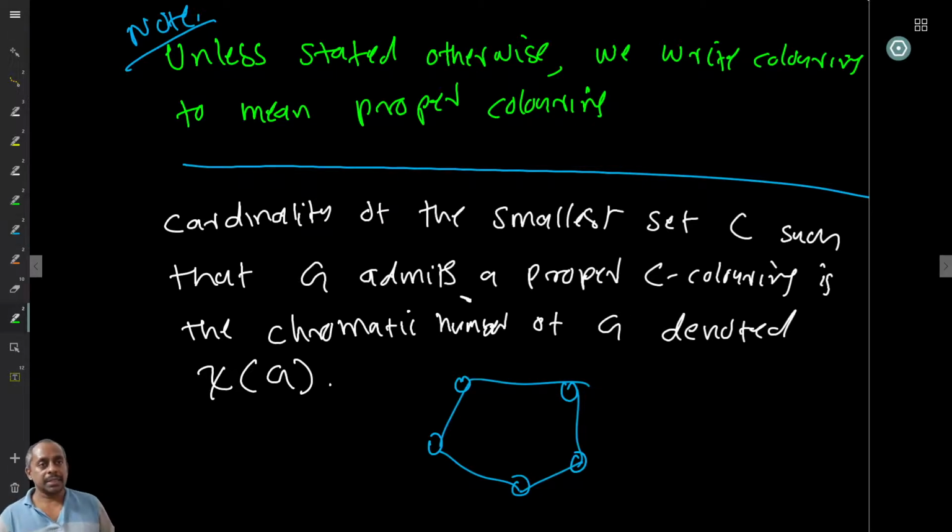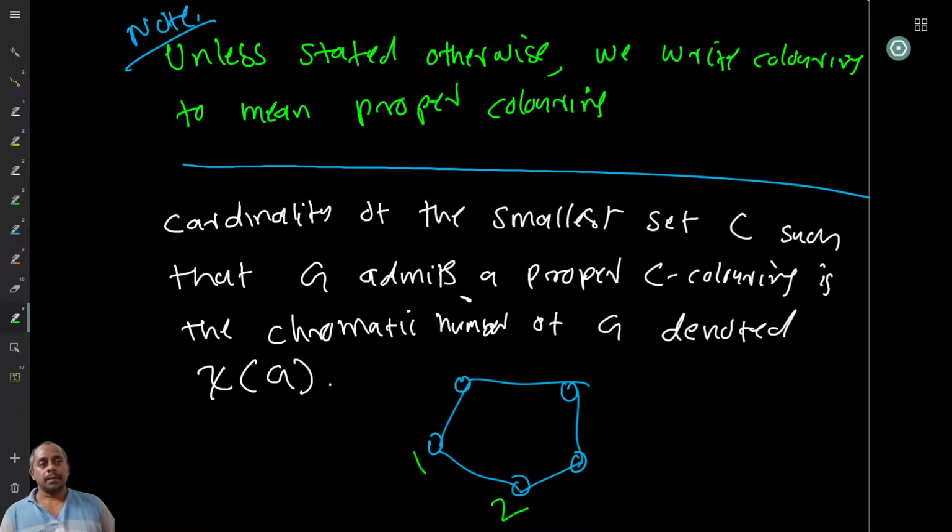Suppose I start with color 1, 2, 3, 4, etc., so that I can use the minimum number. So I start with the color 1. I color this vertex with 1. Now because I colored this with 1, I cannot use color 1 here. So it must be different from 1. Therefore I can give this 2.